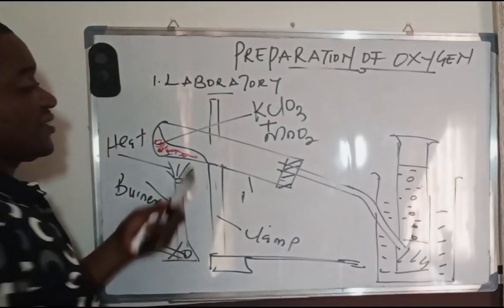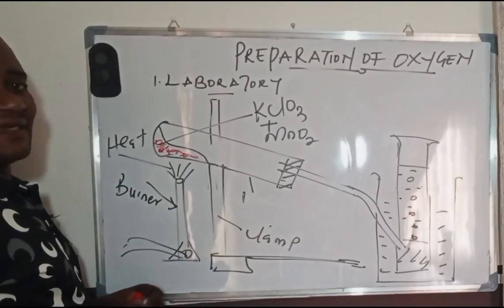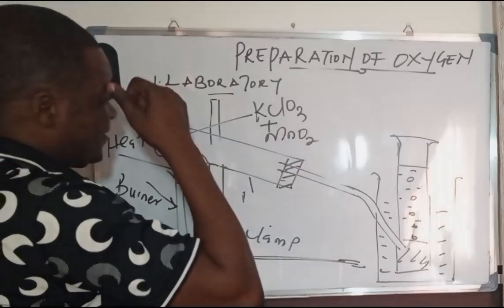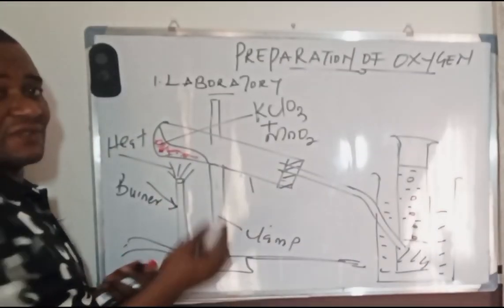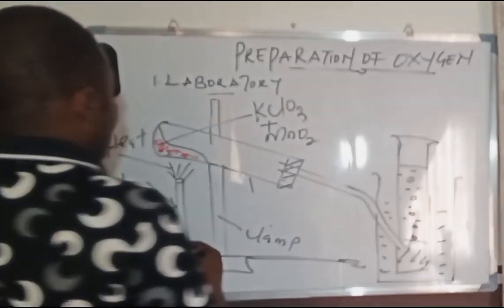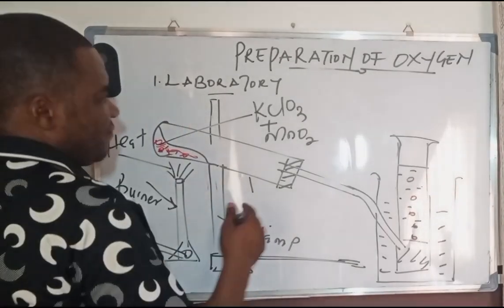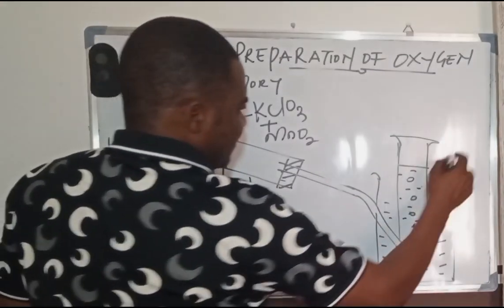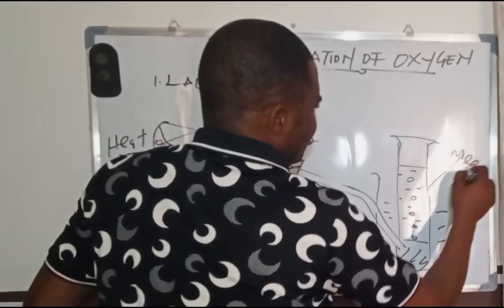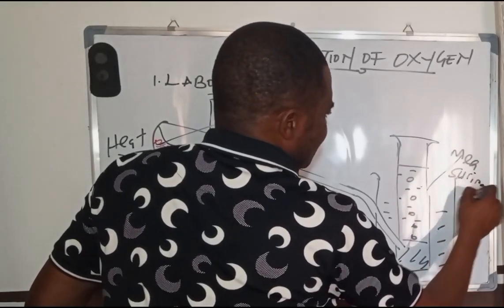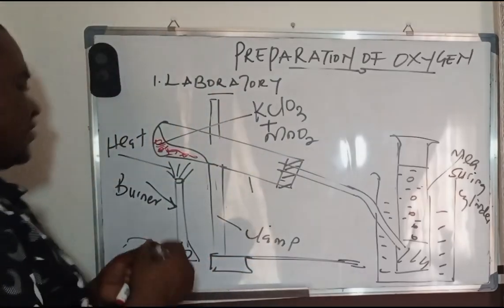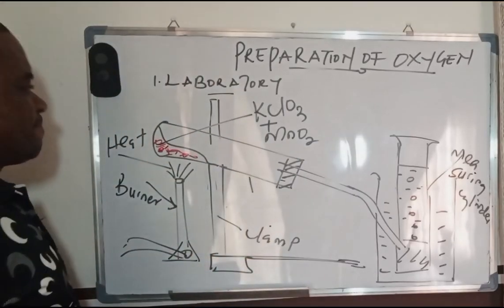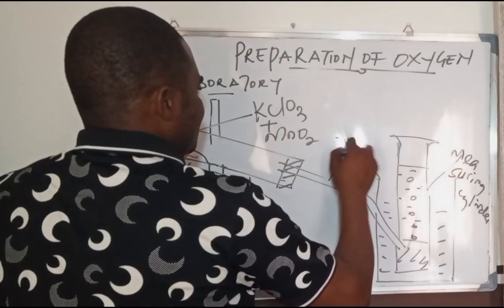You can probably do that with a conical flask, or you can do it with any other thing. I use a conical flask and conduct this. And this way here, this of course is your measuring cylinder. That's a measuring cylinder, and this is your delivery tube.